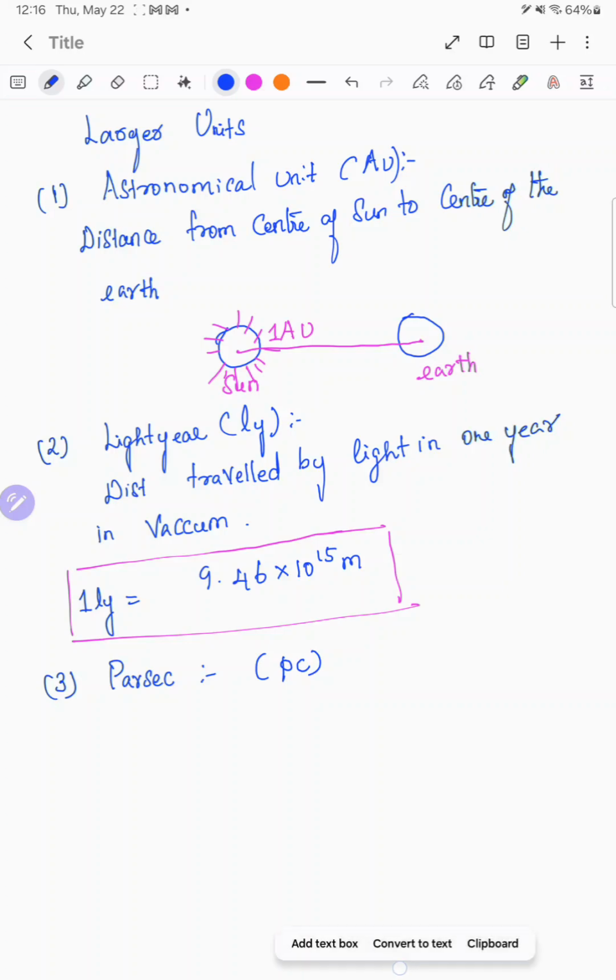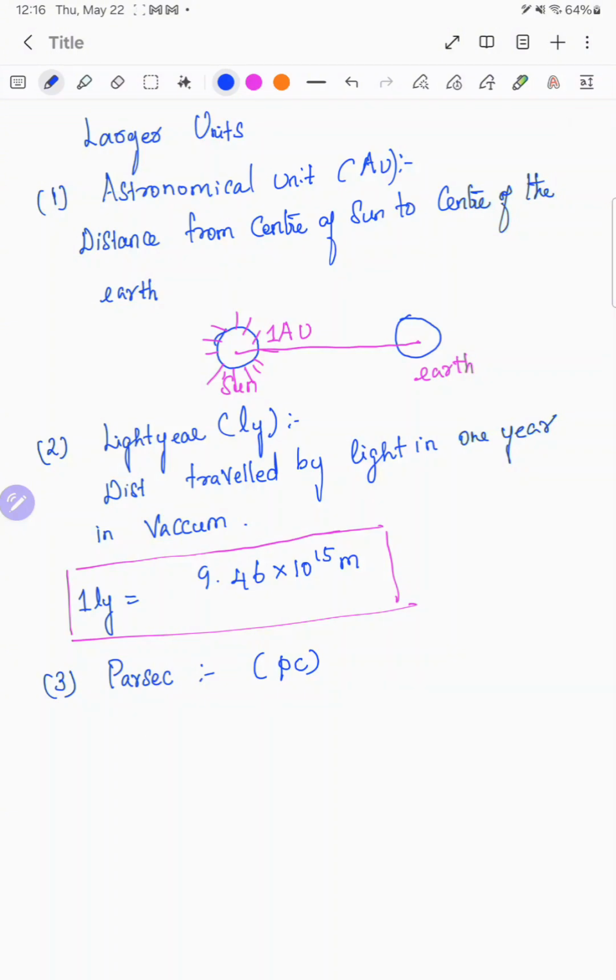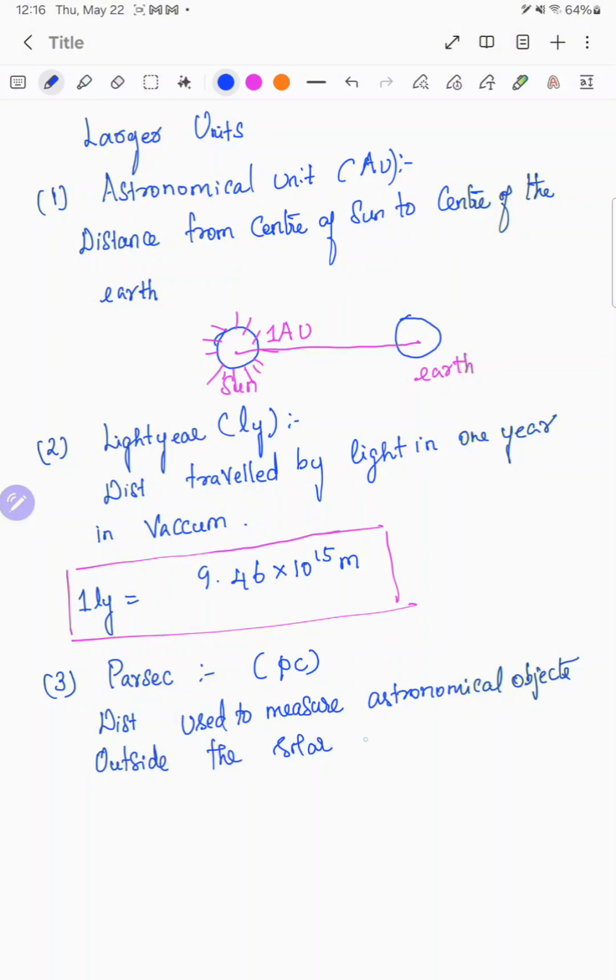It is the distance unit used to measure astronomical objects outside the solar system.